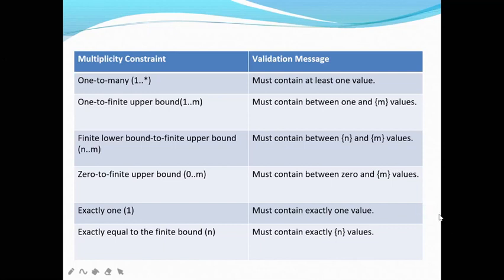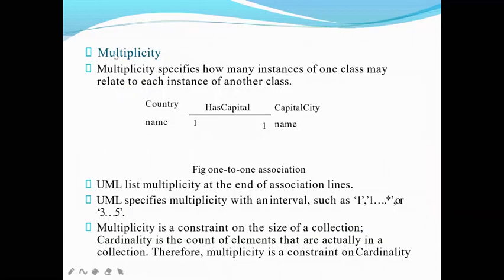Now moving towards the next slide, you can see I have written those things. So here, multiplicity again, how we are going to represent it through our diagram. Here I have written one class name. Here also you can take it as your class name or object name, your choice. So here I have written how many instances of one class may relate to each instance of another class.